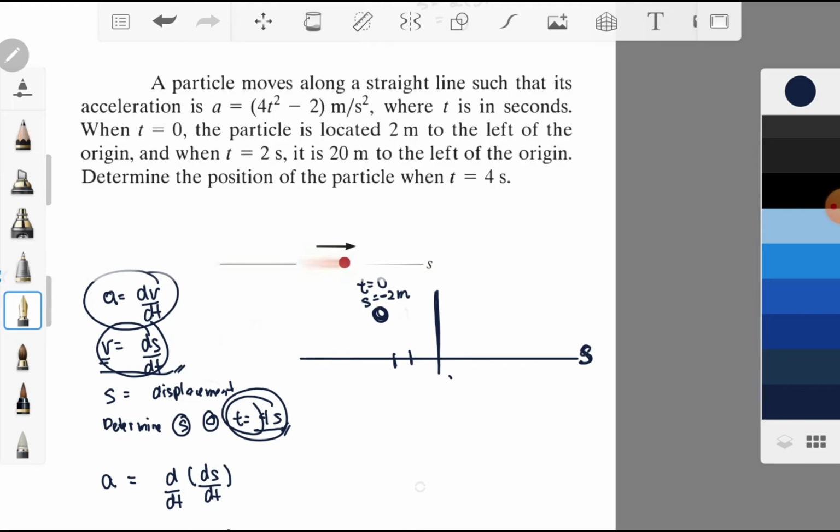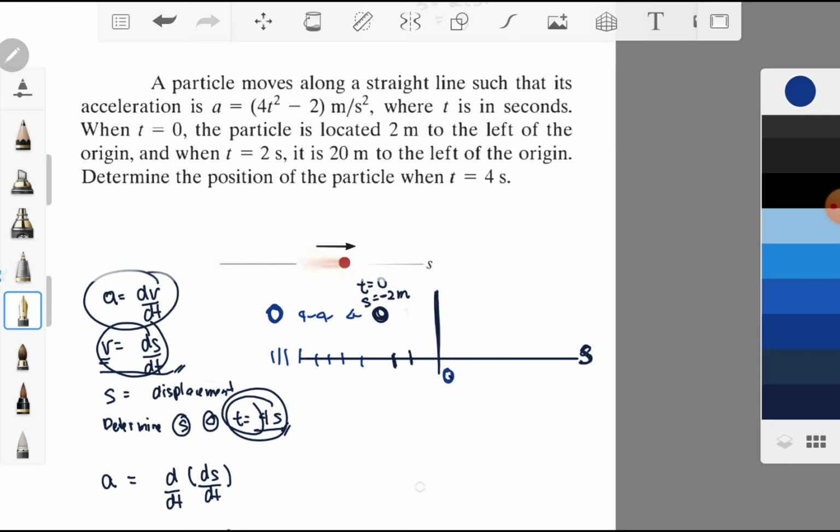At t equal to 2 seconds, our particle is located 20 meters to the left of the origin. So we have negative 20 meters. Your particle will be located 20 meters from the origin, which is 0 at s.